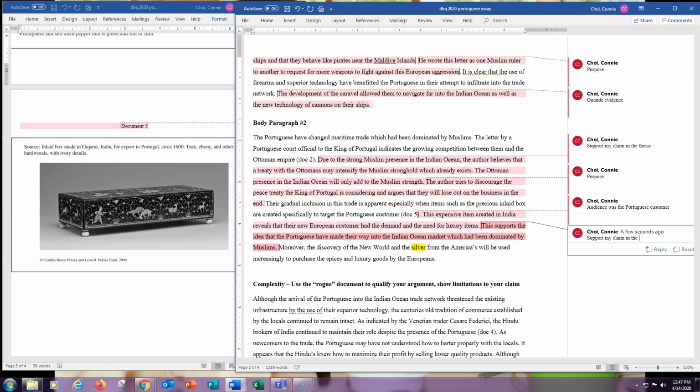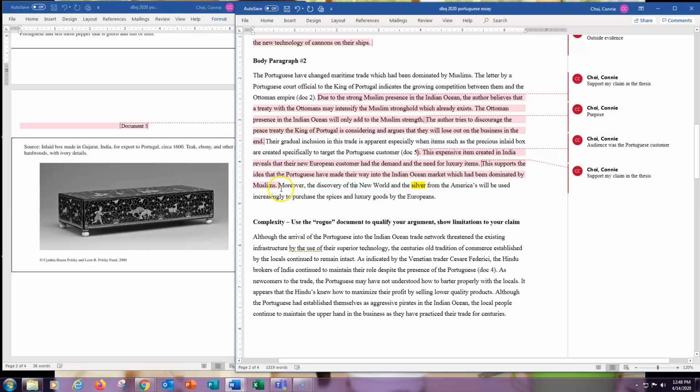Again, connecting it back to my thesis, support my claim in the thesis. That the Europeans are now coming in. They are part of this Indian Ocean trade network, which had been dominated by the Muslims. And moving on, moreover, the discovery of the New World and silver from the Americas will be used increasingly to purchase the spices and luxury goods by the Europeans. Here I am using silver as my outside evidence.